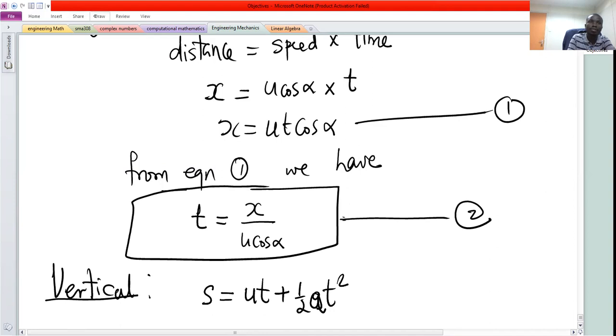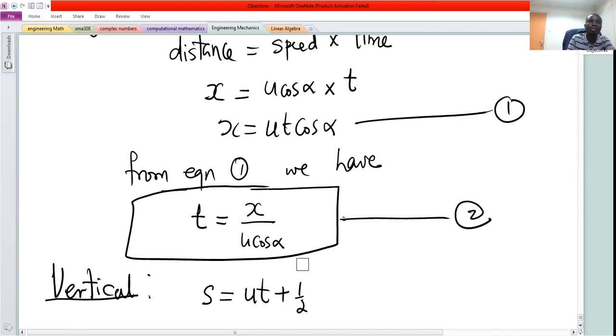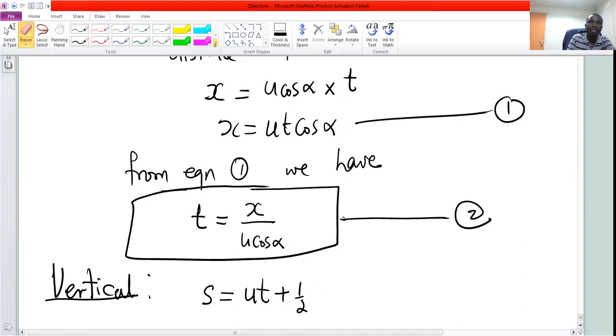We know this equation from the discussion on equations of motion of particles moving in a straight line.